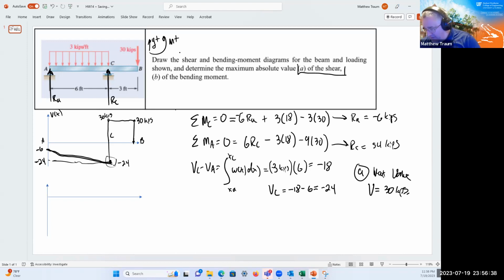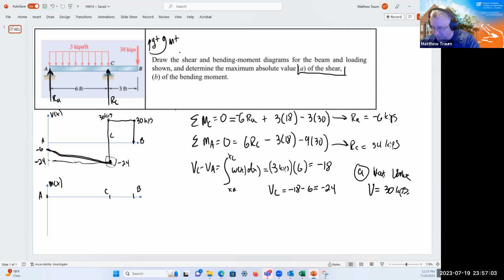And now that I've got my shear diagram, I can draw my bending moment diagram. So I'm going to do the same thing, looking at the shear diagram to work out what the bending moment diagram looks like. And again, I've got my point A, my point C, and my point B. And I'm noticing that this shear is a constant slope negative value.